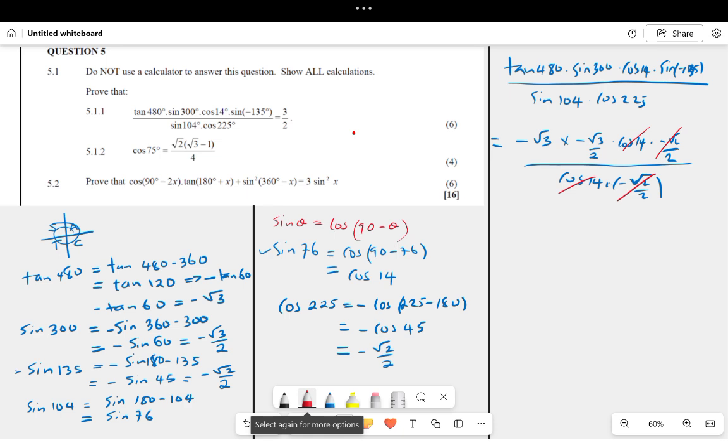Ultimately, we are going to remain with negative the square root of 3 times negative the square root of 3 over 2, which is just like over 1. When we multiply negative the square root of 3 times negative the square root of 3, you get 3. And in the denominator, 1 times 2 gives 2. So 3 over 2 is the final answer for part A.